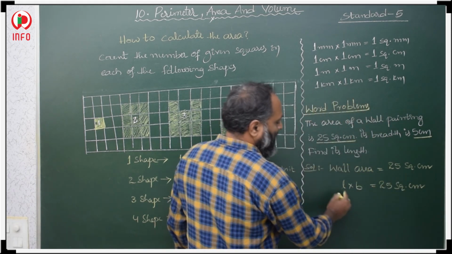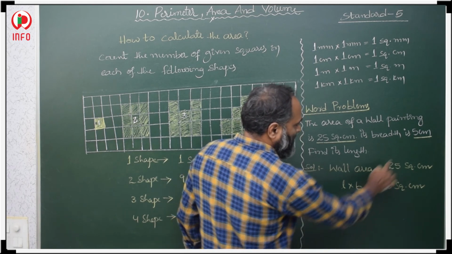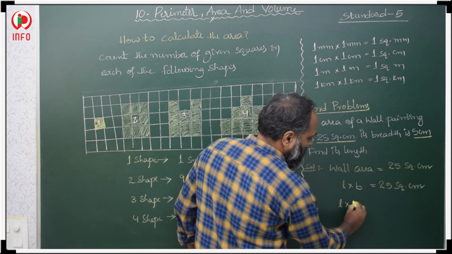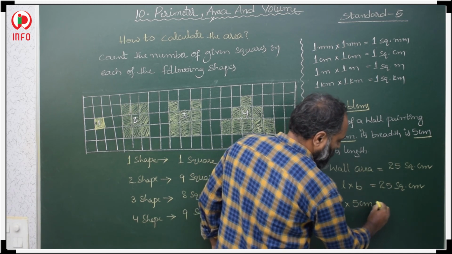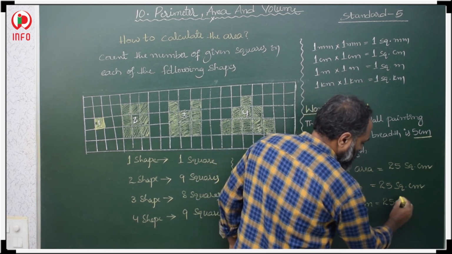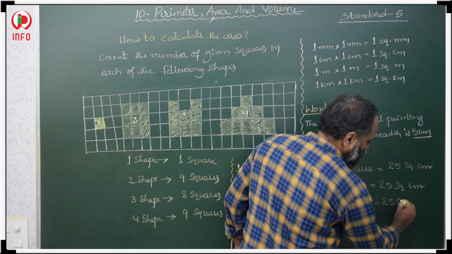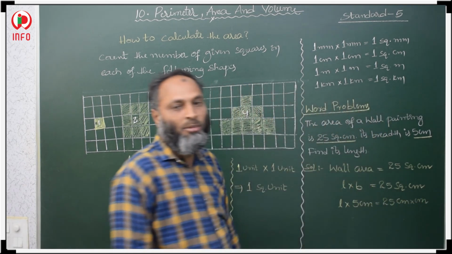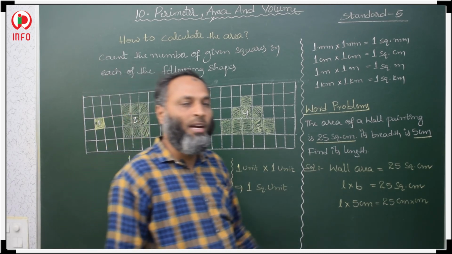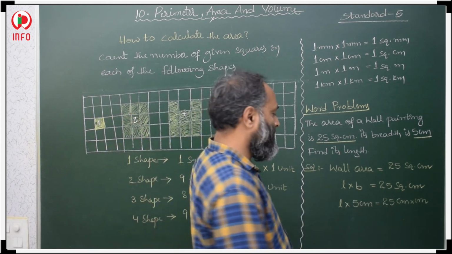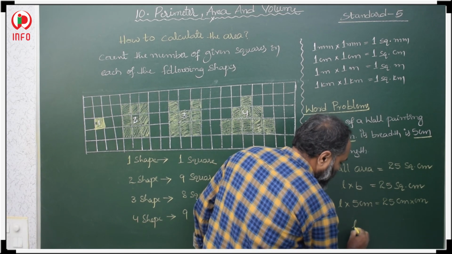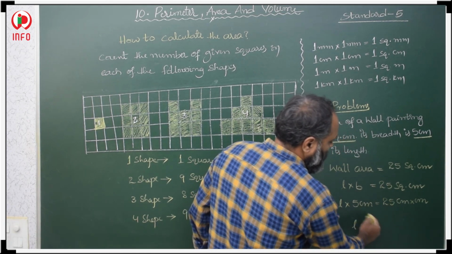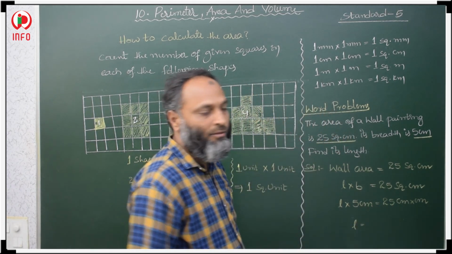Length we don't know, and the breadth is given as 5 centimeters, equal to 25 square centimeters. Square centimeters means centimeter into centimeter. Now, if you want to find L, this 5 will divide that 25.